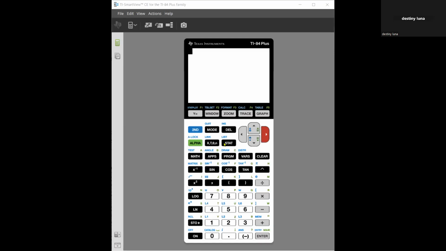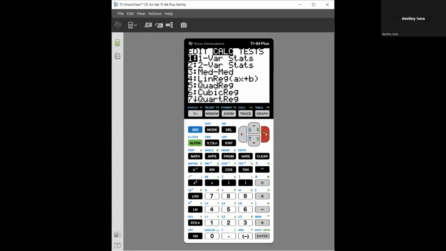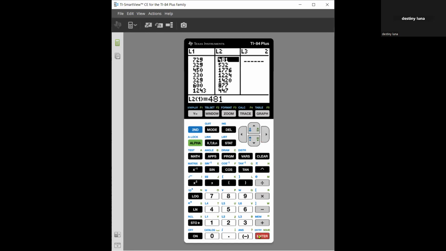So you're going to go to Stat. You're going to go to Calc. And I'm sorry, first, you're going to go to Edit, Stat Edit. Okay. And what I've done here is all of the United States lengths of the major rivers, I put that in L1. So everything you see on the list that says United States, I put it in L1.